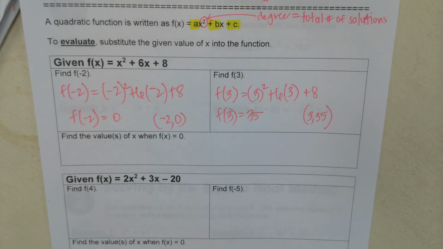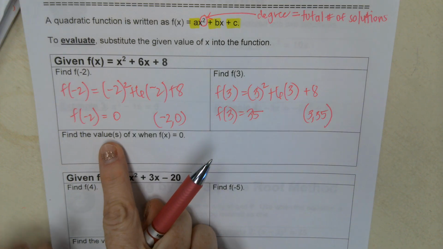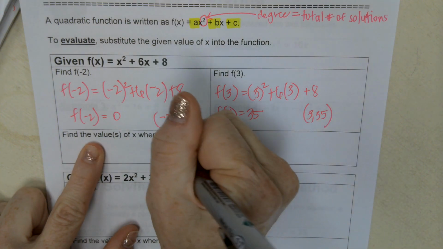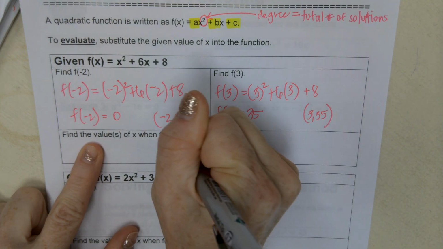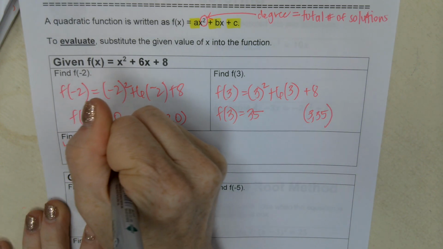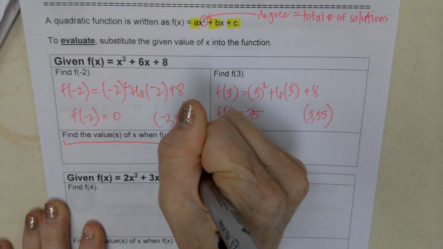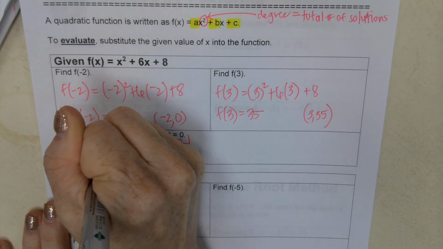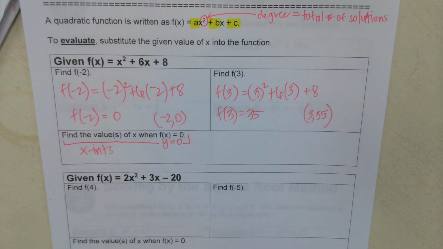Then here it says find the value or values of x when f of x, or y, equals 0. This is asking me to find my x-intercepts. You could type this in Desmos and click on the points where it crosses over.